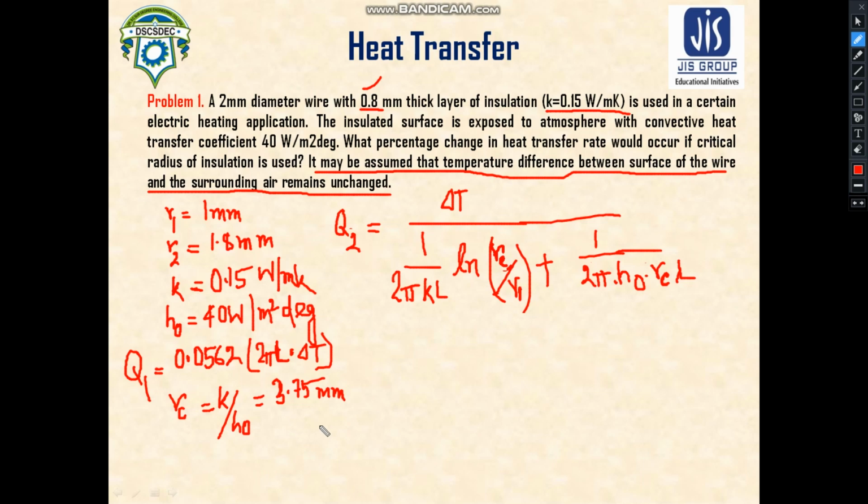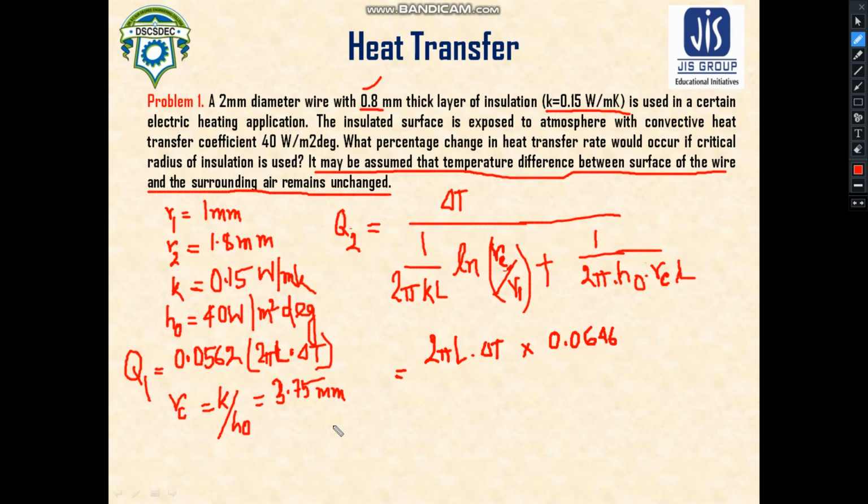This is already given here, and if you put in all the relevant values, then it would become 2 pi L delta T into 0.0646.